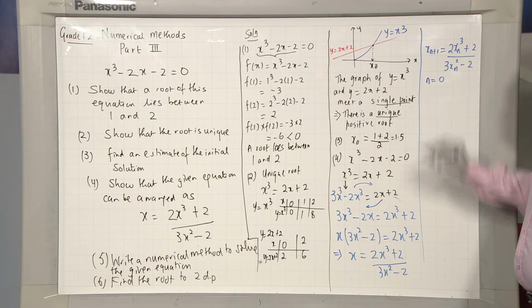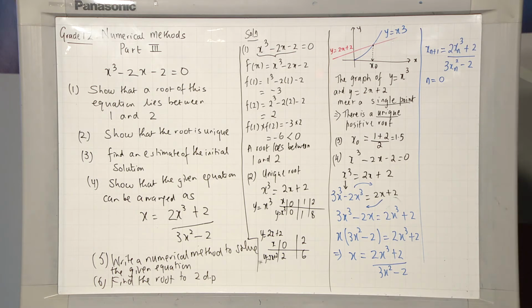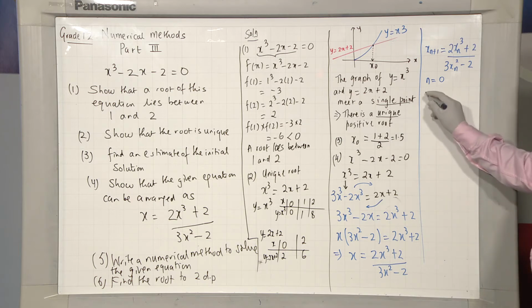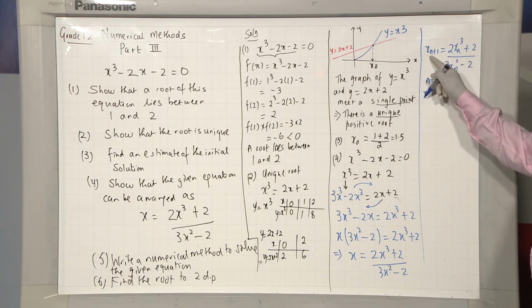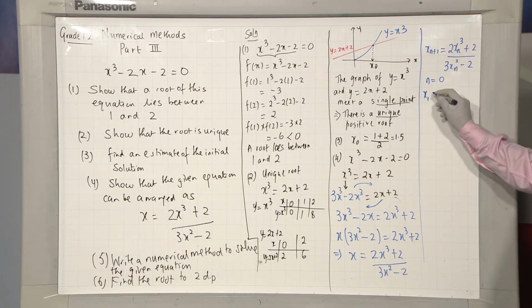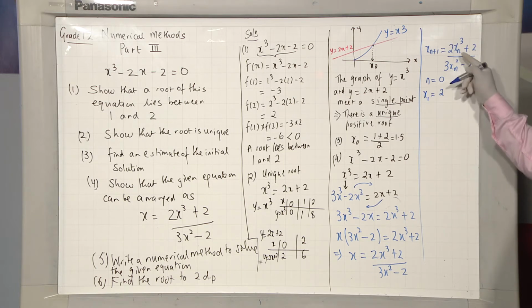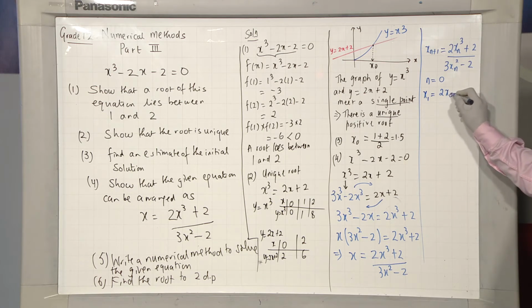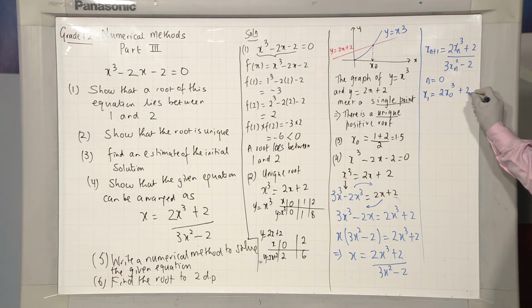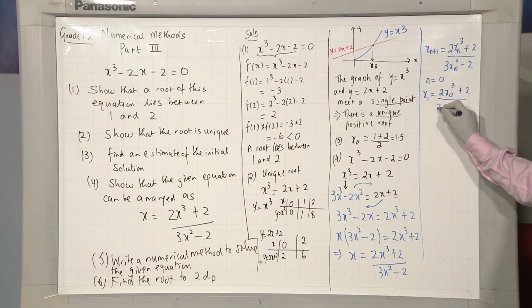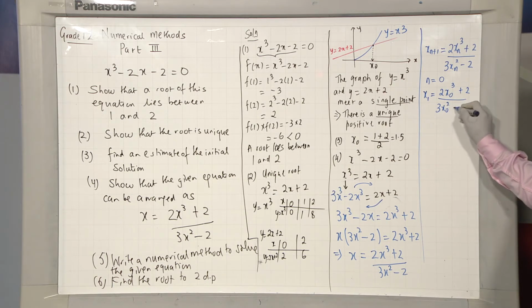What is the method that we use? We replace n by 0. When we replace n by 0, what happens? I have 0 plus 1 gives me x1. Replace n by 0 is 2x naught cubed over 3x naught squared minus 2.